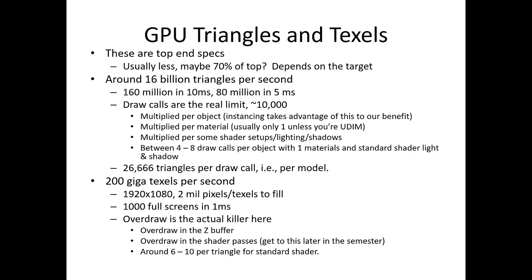So let's take a look at what that means. A lot of the top cards, this is top-end specs relative to when this lecture was recorded at least, can do around 16 billion triangles per second, right? So you could do 160 million triangles in 10 milliseconds. Or if you had to do the 5 millisecond version, it would be 80 million triangles, which is a lot, right?